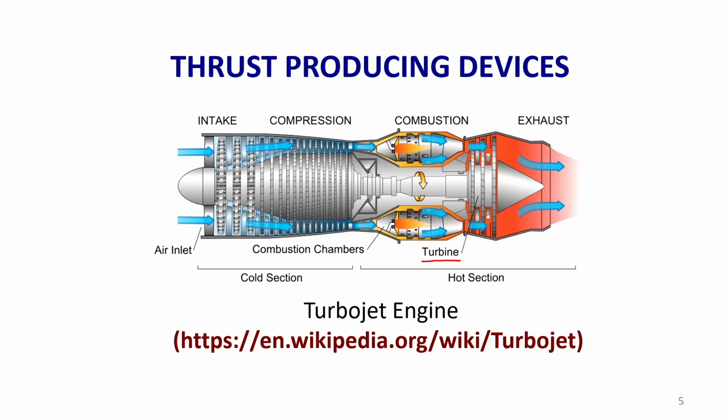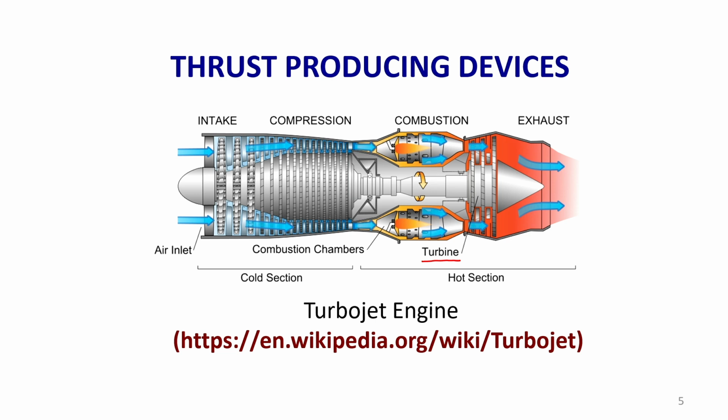The power required to drive the compressor is taken from this turbine only, and as the gases are exhausted from the system, there will be a nozzle, which is not shown, where the fluid velocity will be increased. The nozzle will be there to enhance the velocity at the expense of the pressure, and then it will be exhausted.